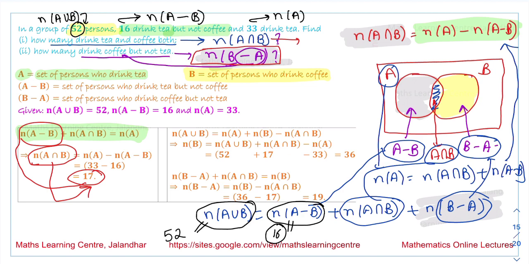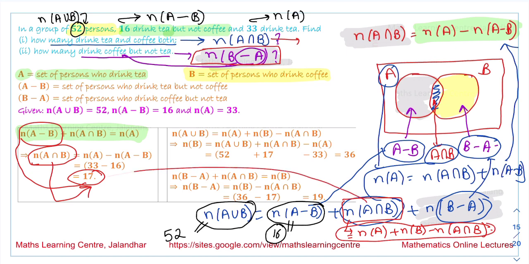Now we want to calculate the value of number of elements of A intersection B. To calculate this value, we use the formula that it is equal to number of elements of A plus number of elements of B minus number of elements of A intersection B, and this value we have calculated over here. The value for this is 70.